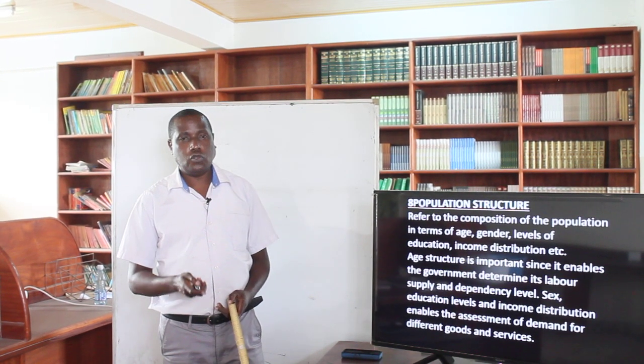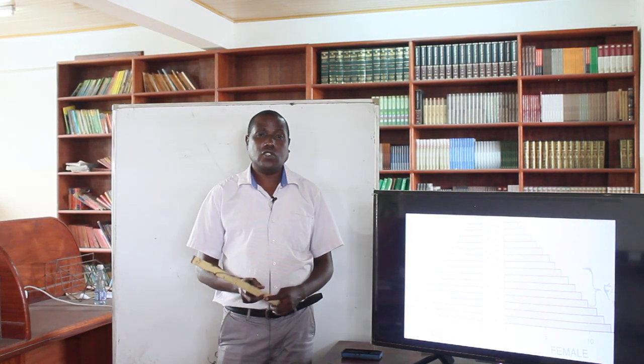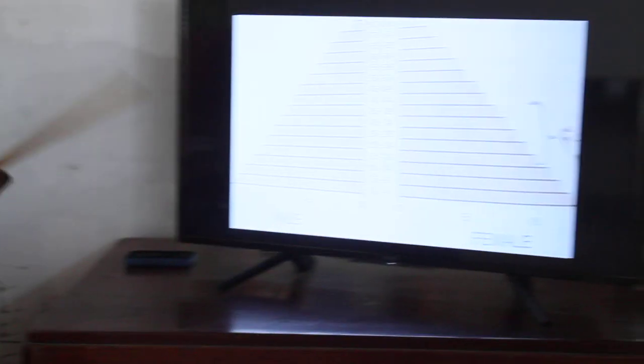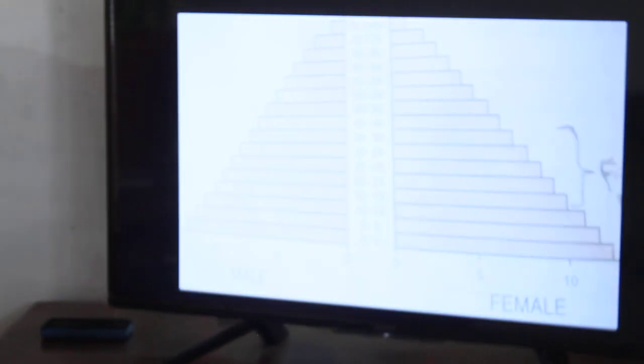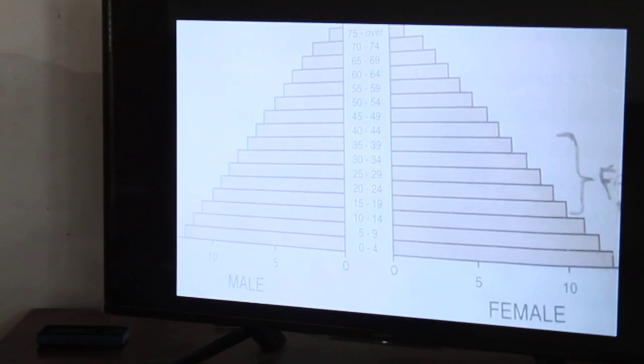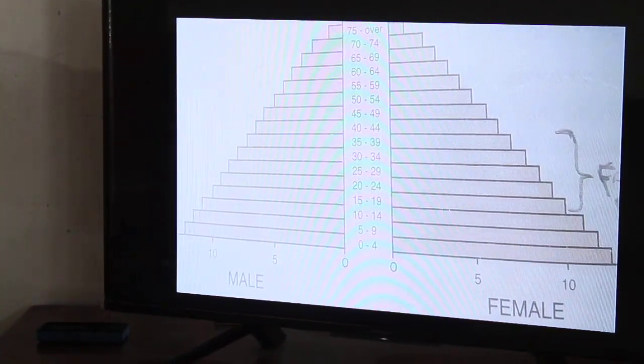Welcome back to our second part of the lesson. And here we want to look at this table or this pyramid that is indicating the population structure. Now, this is a pyramid.